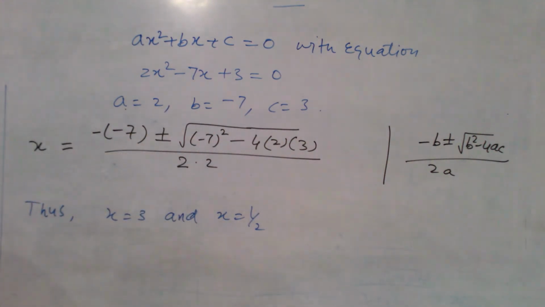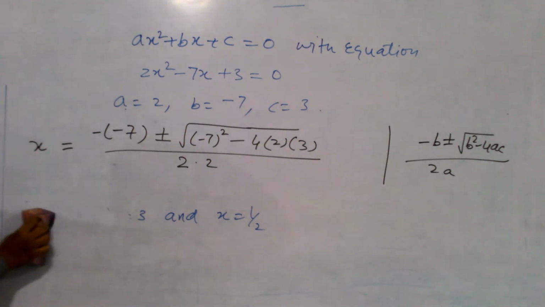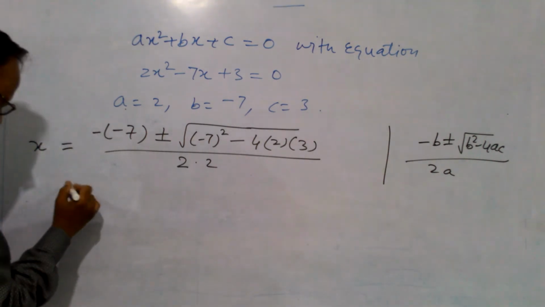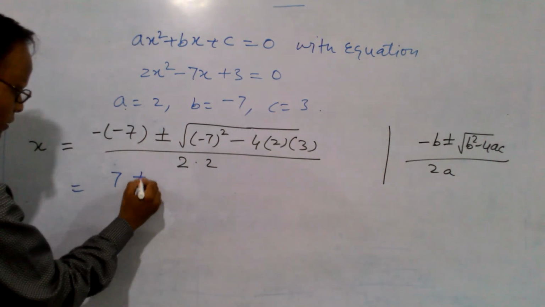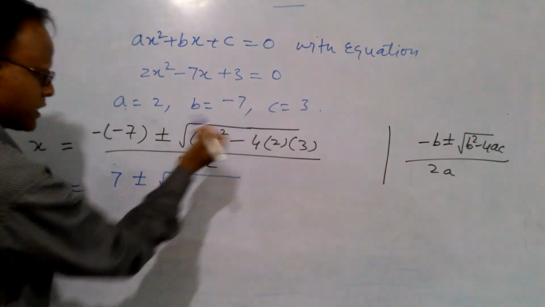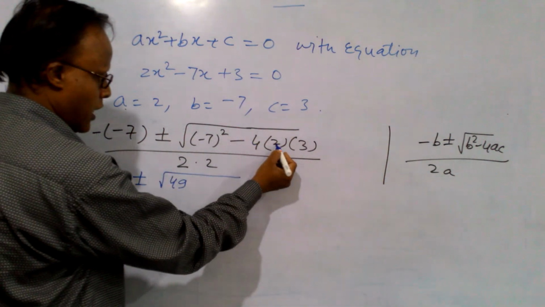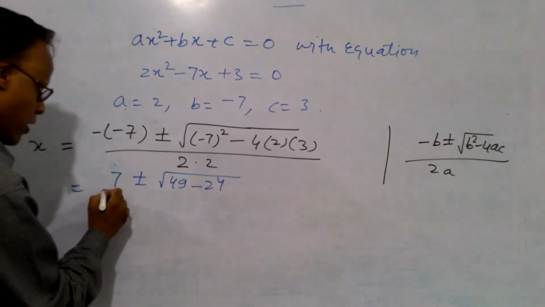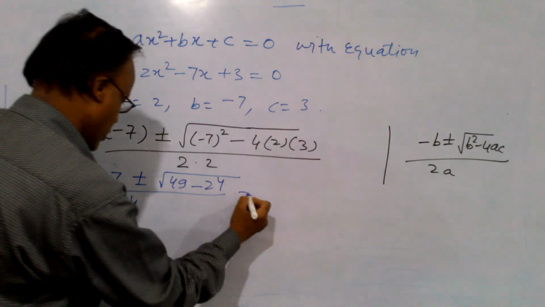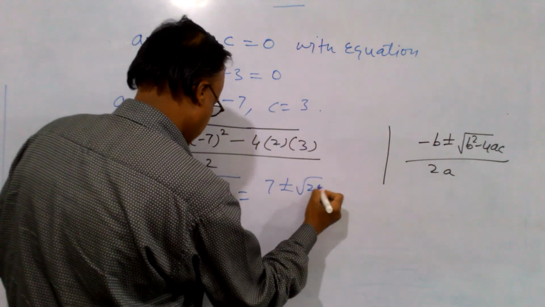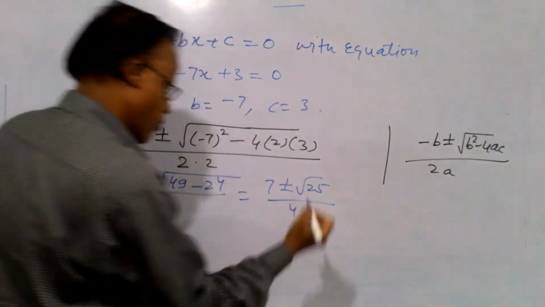Now simplify it: minus into minus plus, so 7 plus minus under root 7 square, minus 7 squared is 49, 4 into 2 is 8, 8 into 3 is 24, upon 4, equal to 7 plus minus under root 25 upon 4.